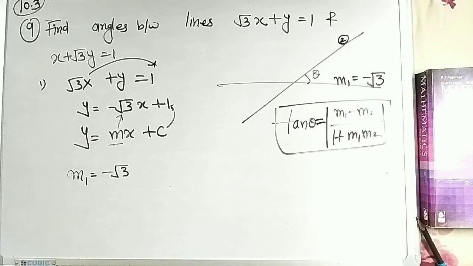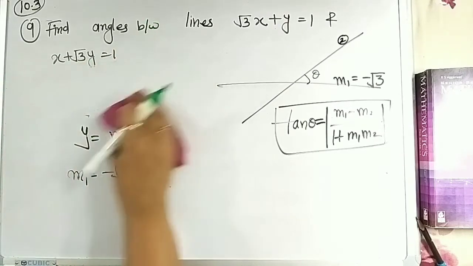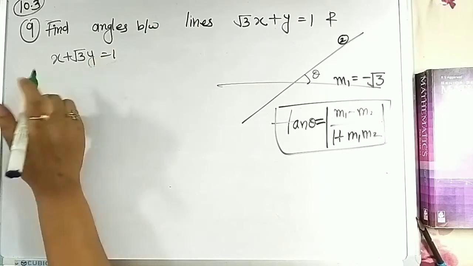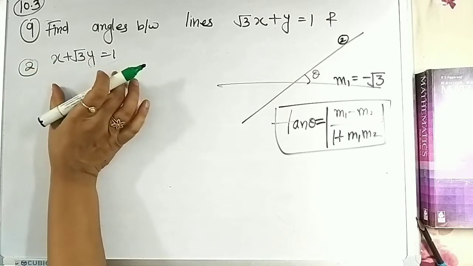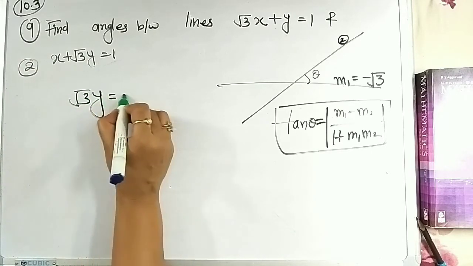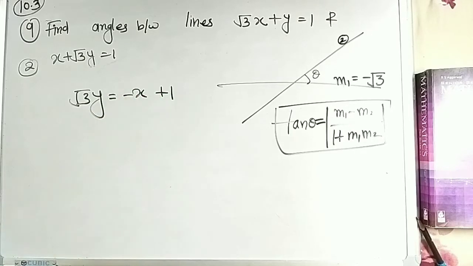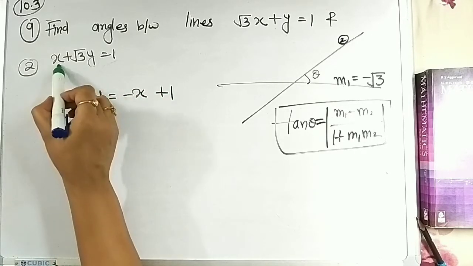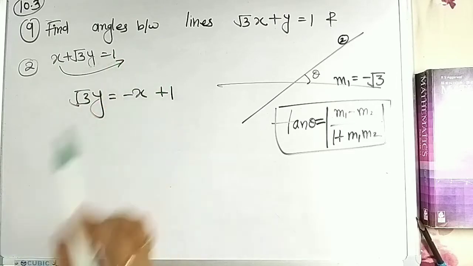Similarly, now I will get the slope for the second line. The second line is this line which is given in the question. So let me write it in this form, minus x plus 1. Understood? What I did, x I took here and 1 I am copying.